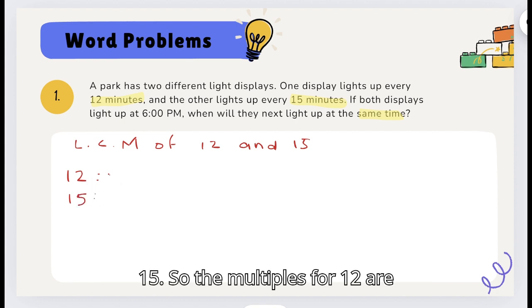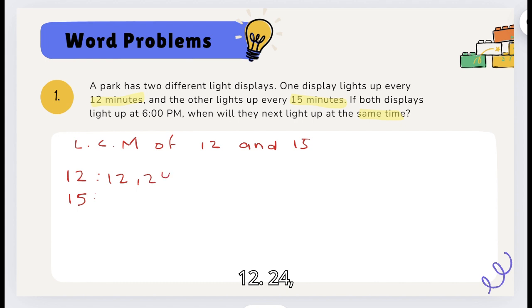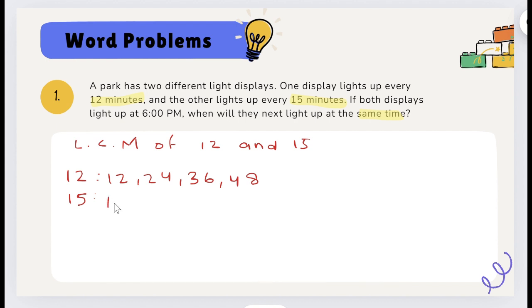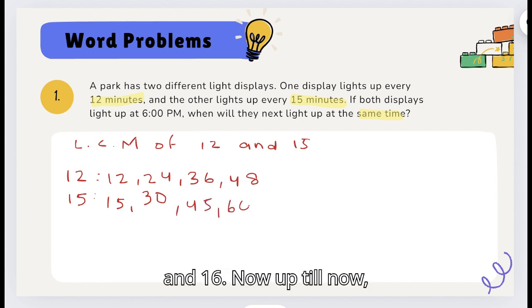So now to find the LCM, we have to write down the multiples for 12 and for 15. So the multiples for 12 are 12, 24, 36, 48, and so on. Now the multiples for 15 are 15, 30, 45, and 60.